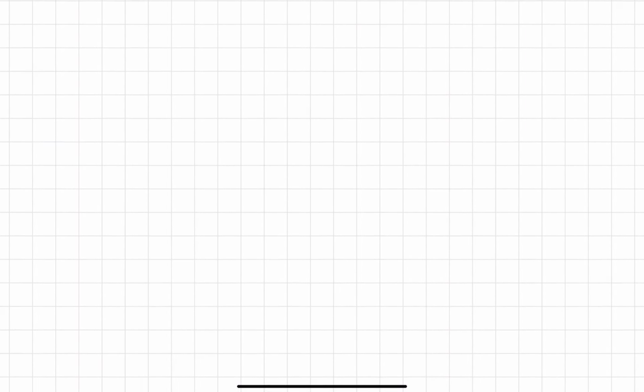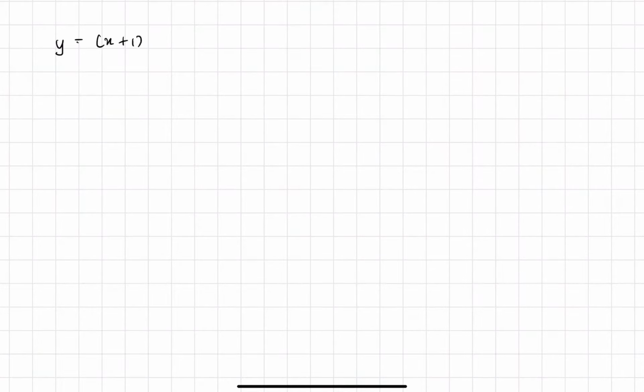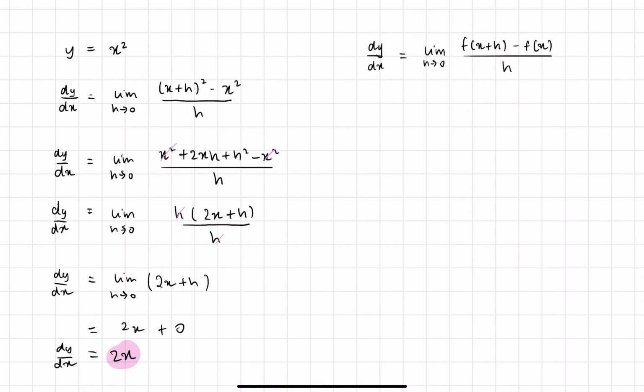Let's try this one. So y equals (x plus 1) squared. And dy over dx is equal to the limit as h approaches 0. So let's actually bring this guy down with us.